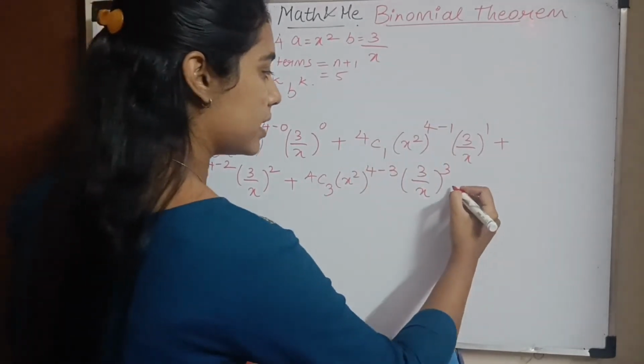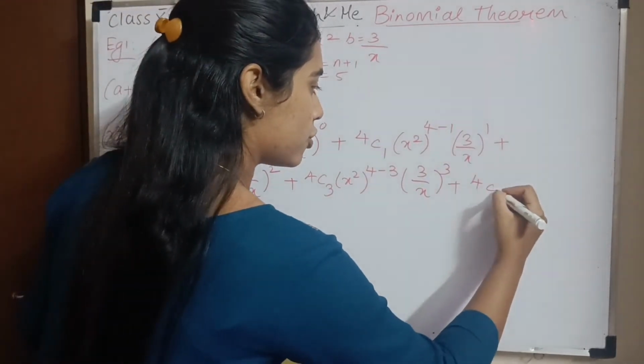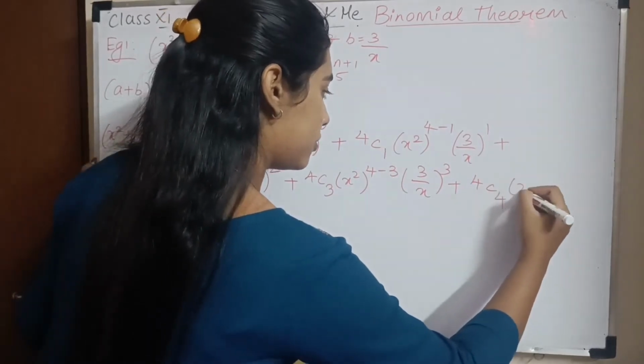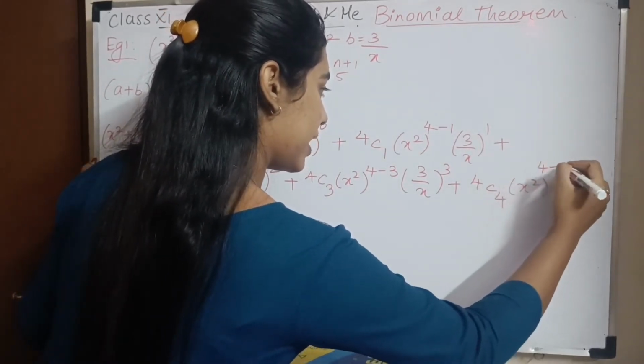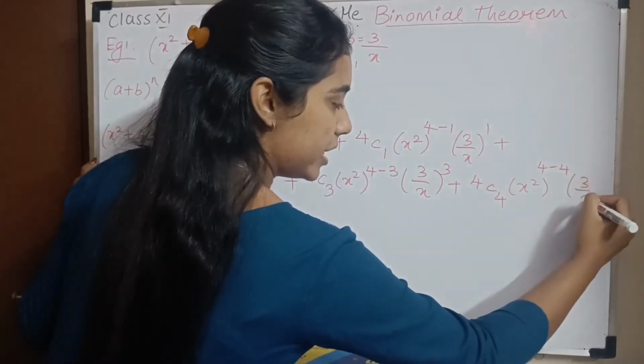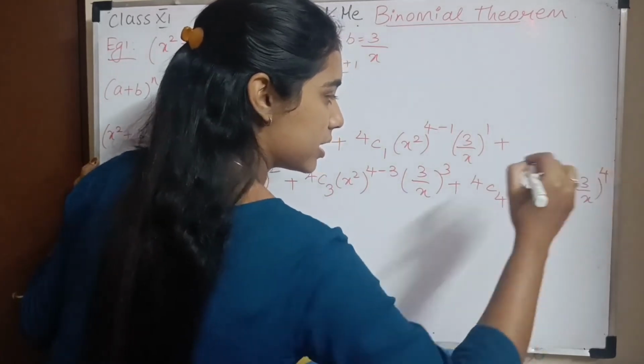Plus, what is my last term? 4C4 of a to the power n minus k, b to the power k.